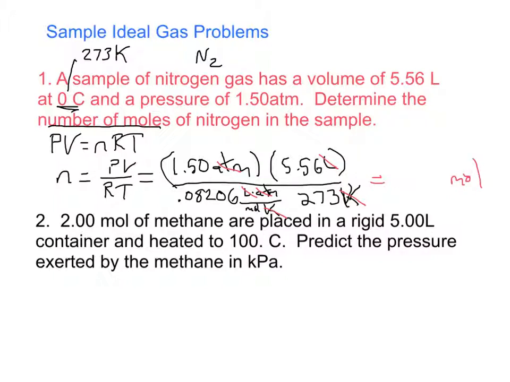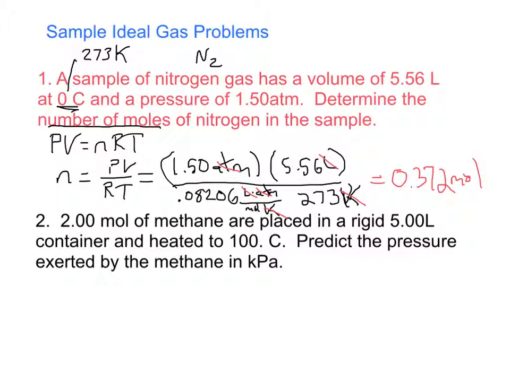The only unit left is the unit we want on our answer. And it comes out to be 0.372 moles.